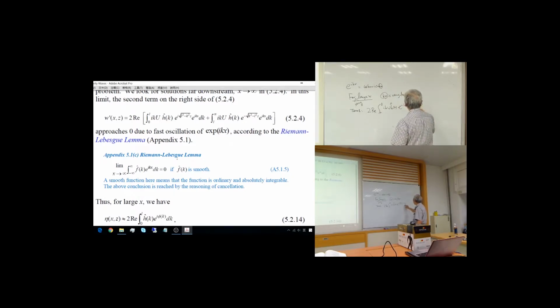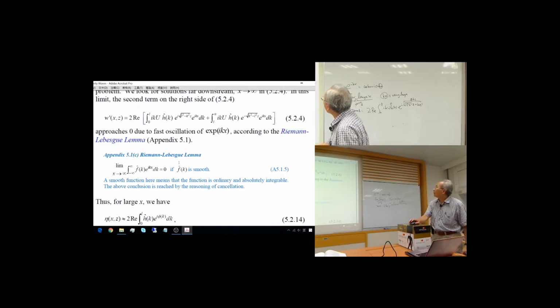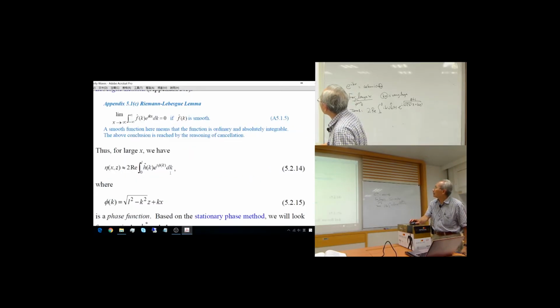So if we call this phi of k, then this will reduce to the following. So then we have h hat of k times e to the ikx.